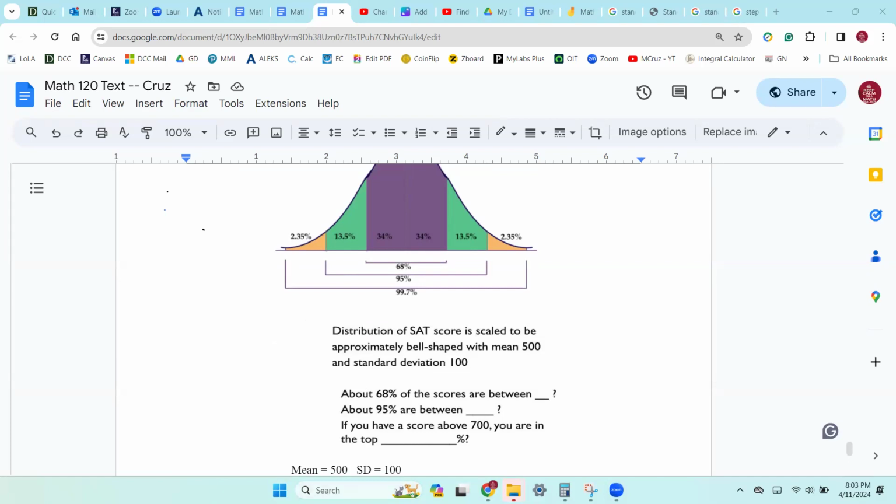All right. So what I'm going to do here, I'm not sure I'll be able to fit it in here, but I'll try to write it. It tells us that the mean of the SAT scores is 500.